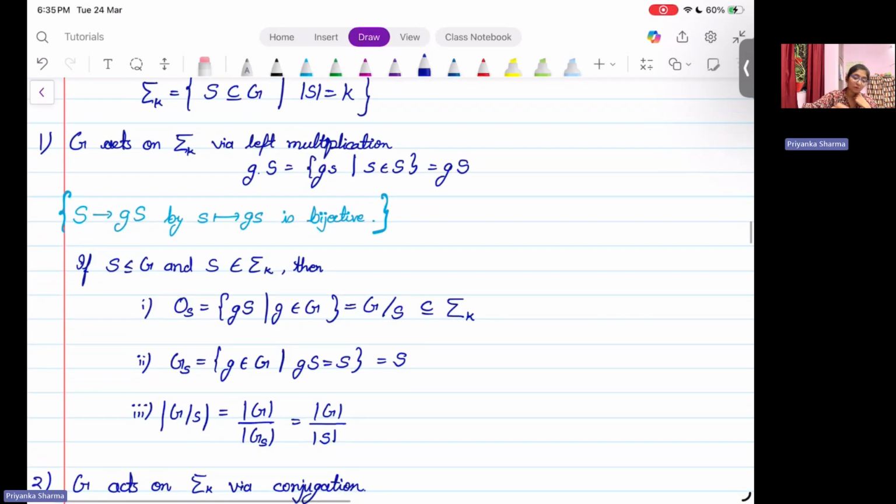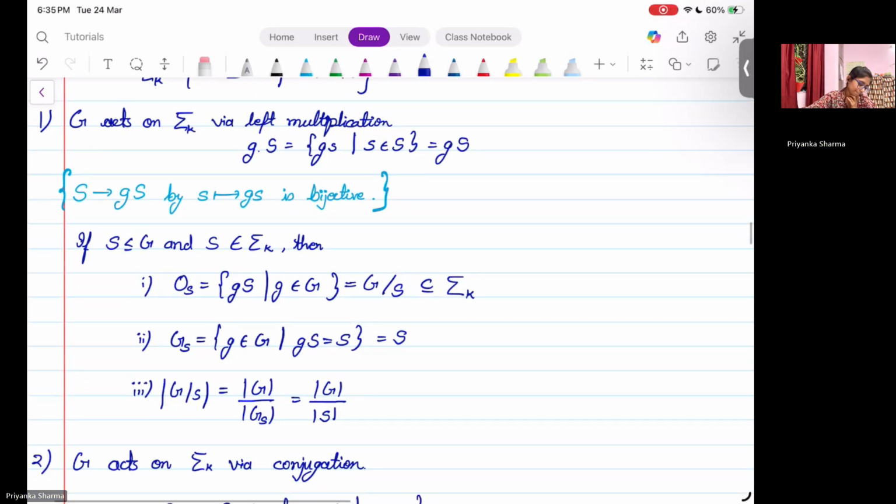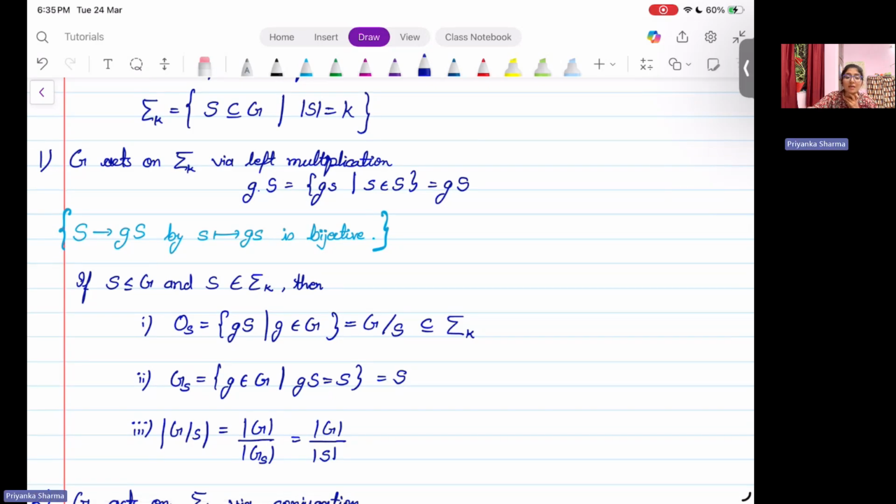So this is a group action, that is g dot x. This is the way to define a group action. So g dot S is defined as gS, where S is coming from sigma k. That is, g dot S is the same as gS. Actually, this S is a subset of G, so S will have elements of the group G itself.